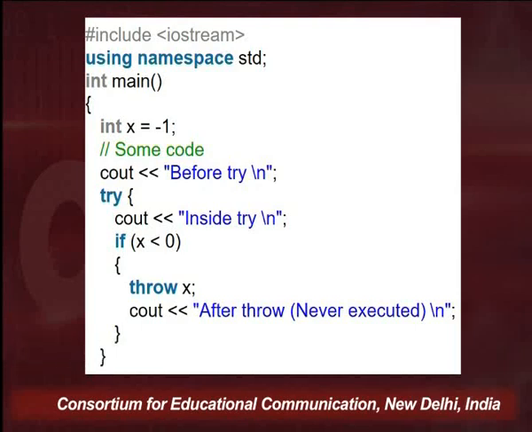Before the try, we have a statement to be printed. Within the try we have a cout, and the next statement of the try says if x is less than 0. Yes, the value of x is -1, and yes, it is less than 0, so this if block will be executed.